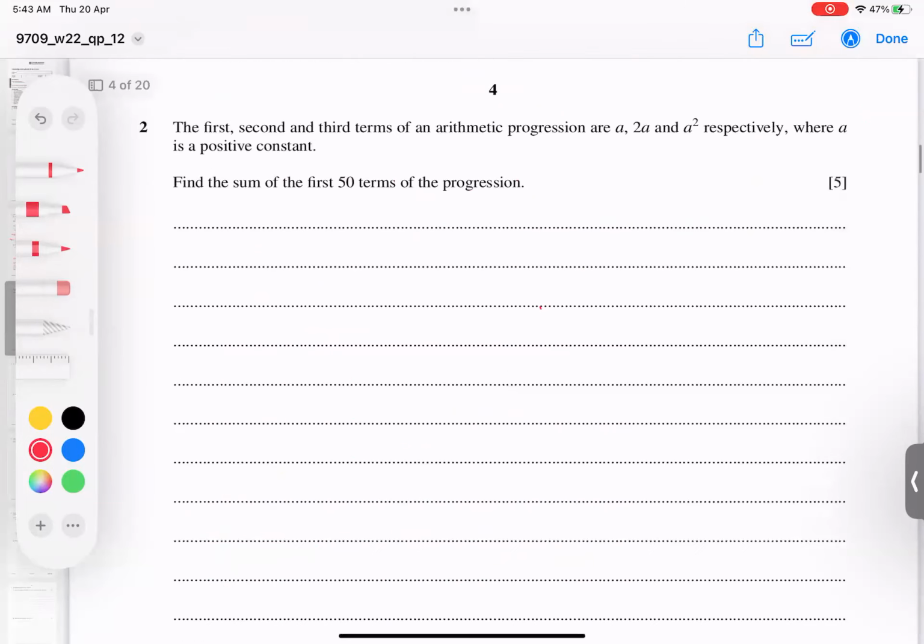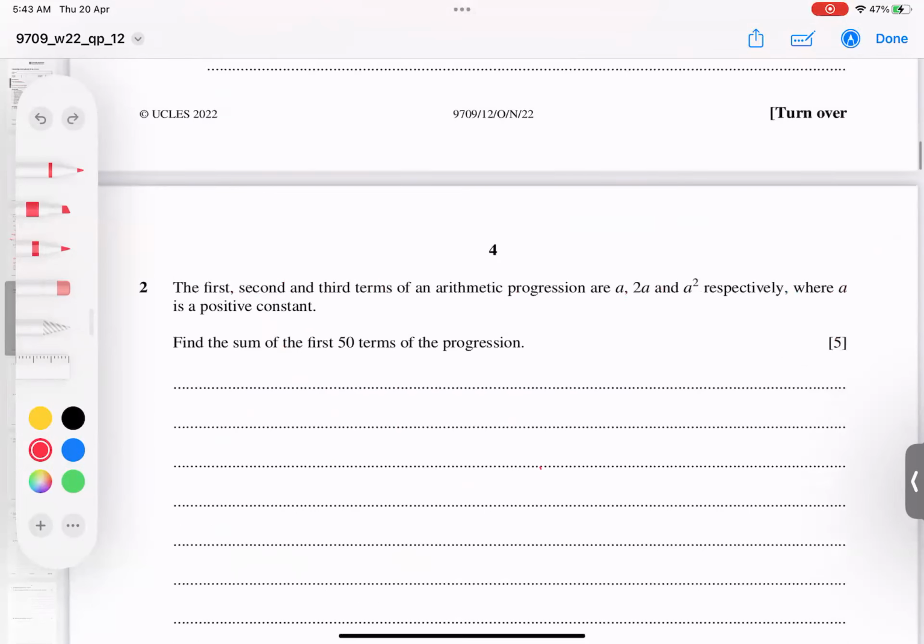Okay. Question number 2, the first, second, and third terms of an AP. So first term is this, second term is this, third term is this. And according to the basic rule, whenever 3 terms are in arithmetic progression, what is the basic formula? I will write it for you here.